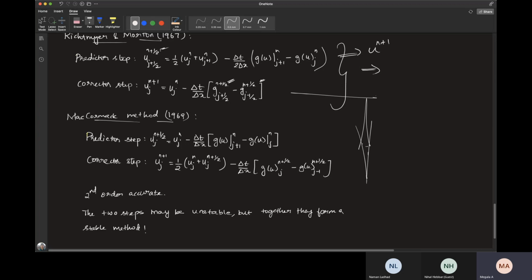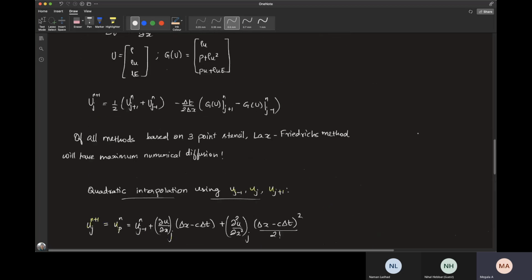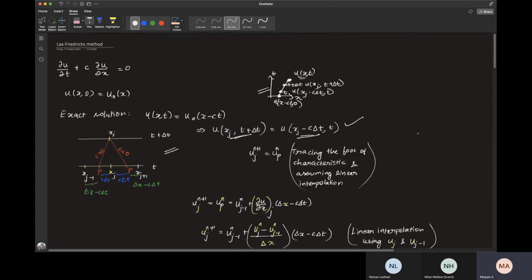On the other side, together they nullify and you get a stable solution. The errors don't grow. Maybe the errors grow in different directions so that they nullify and you get a good solution, the correct solution actually. So this is the Lax-Wendroff method. This is something I wanted to introduce.